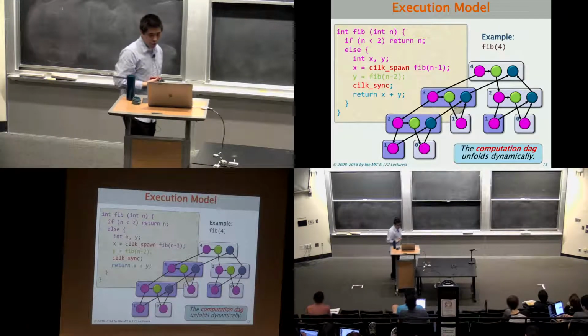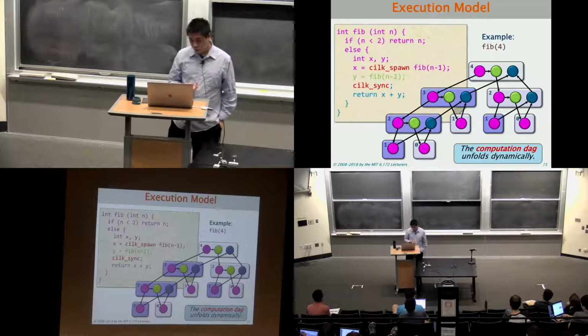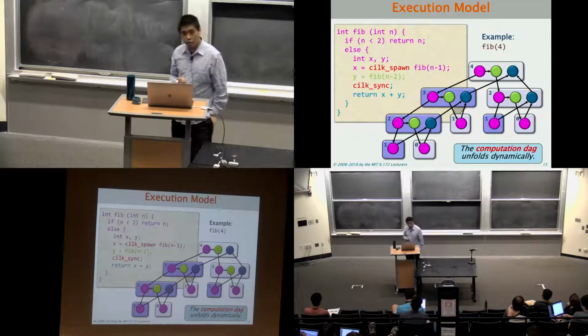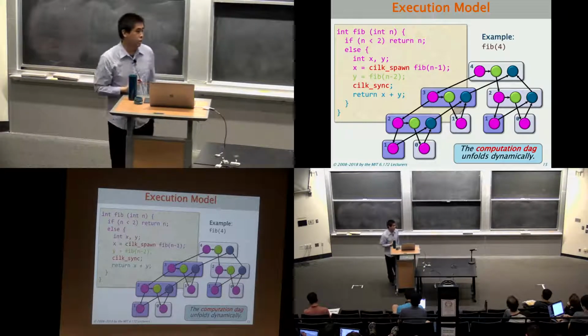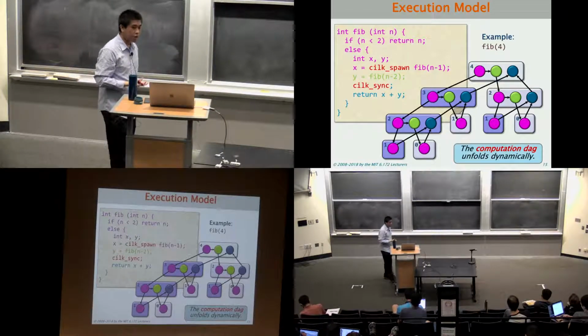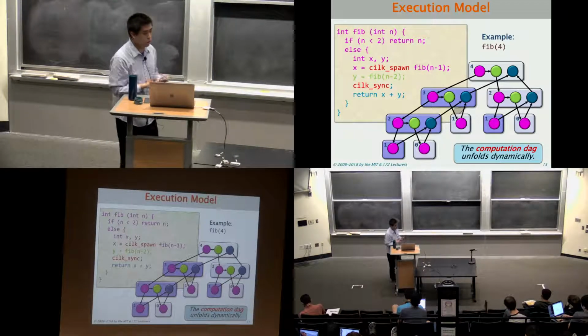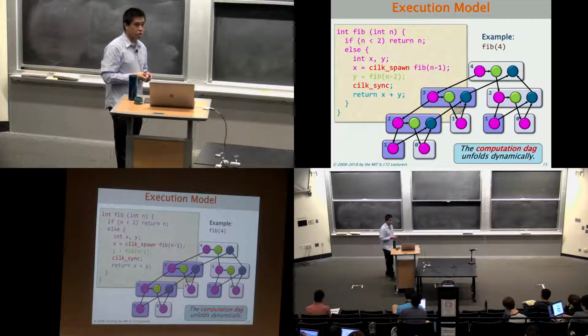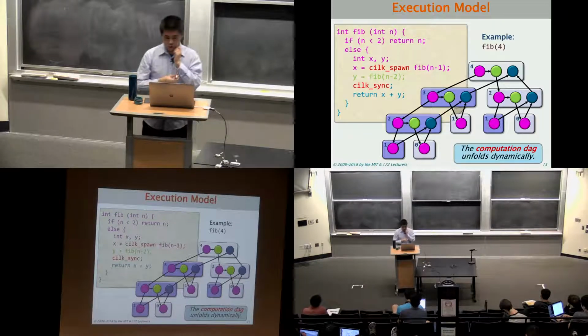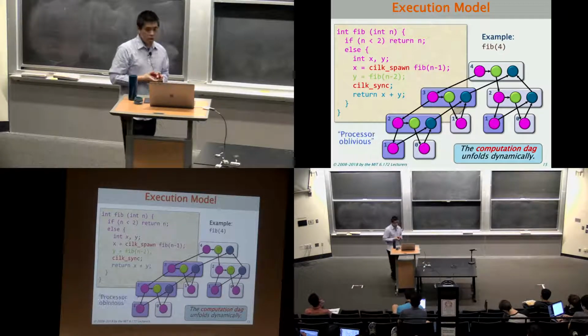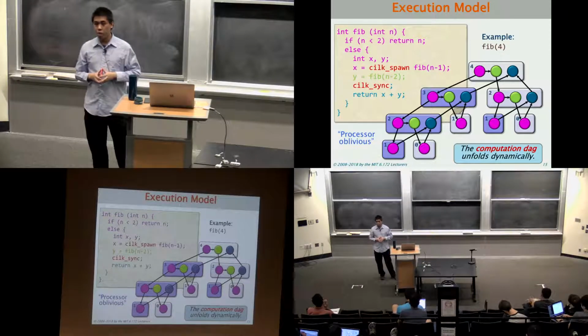OK, so one thing to note is that this computation DAG unfolds dynamically during the execution. The runtime system isn't going to create this graph at the beginning. It's actually going to create it on the fly as you run the program. And also, this graph is processor oblivious.